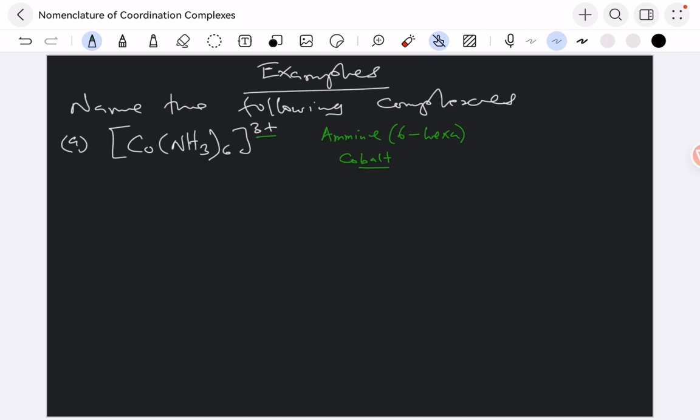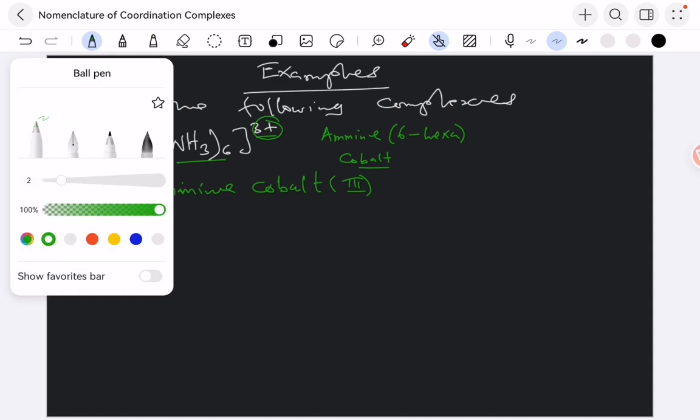Then the rule states that we have to mention the ligand first, so this becomes hexaammine, double m, hexaammine, then cobalt. Then what is the oxidation number? The oxidation number is right there: cobalt(III). That will be the name.